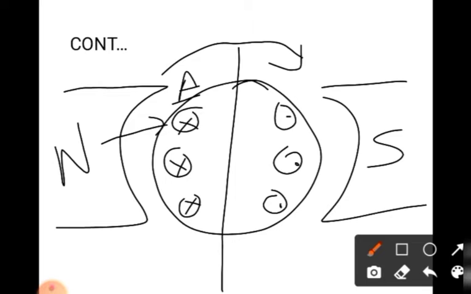So this polarity is cancelled by using coercive force. Therefore, the power is wasted in cancelling out polarities in the conductor. So therefore this loss is called hysteresis loss.